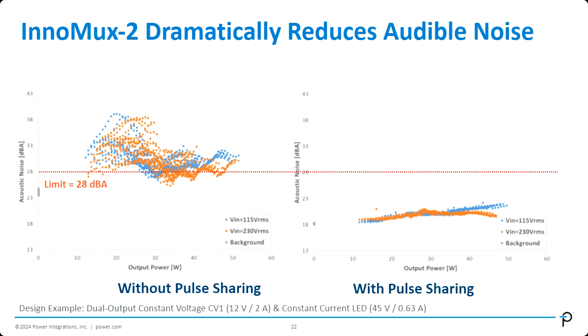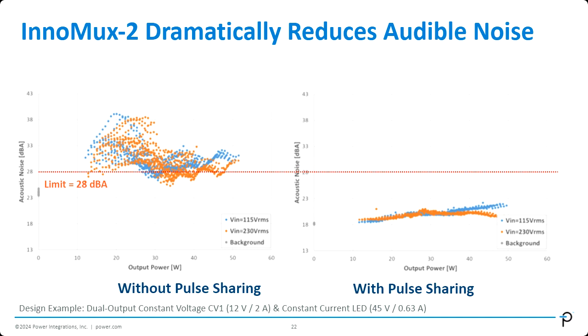Test results over here. So again, this is a dual output application with a constant voltage output and a constant current output for display. I think this is for a TV application where humans can be quite close to it, so they are quite stringent. They're quite tight with their acoustic performance requirement.